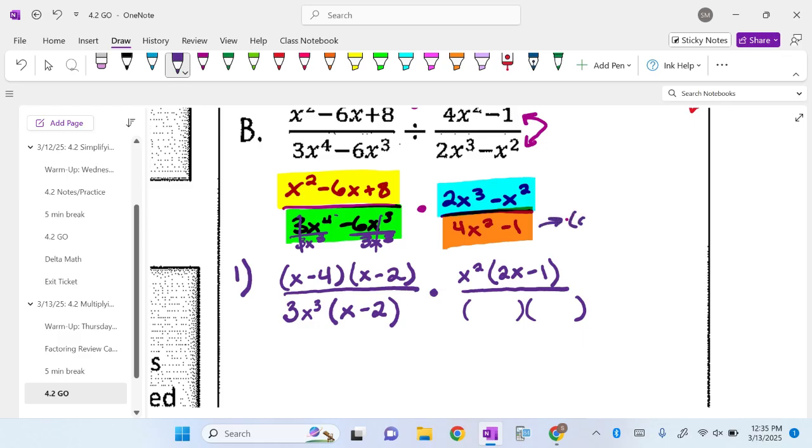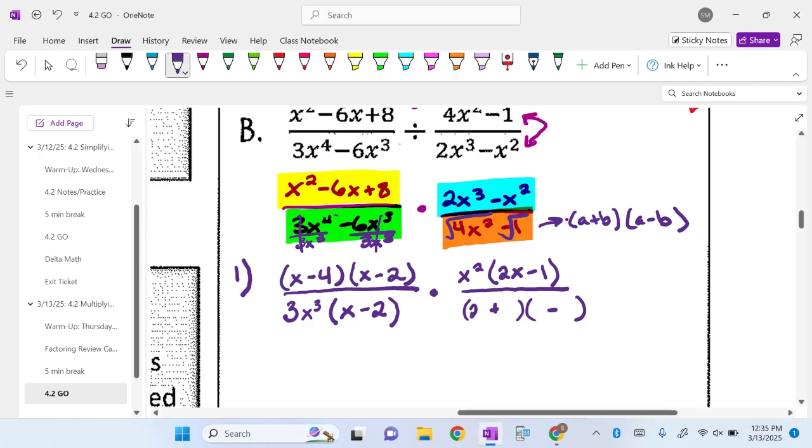So we know we're going to do something a plus b, a minus b. So we're going to take the square root of both to get our a and b. So I'm going to put a plus here and a minus here. What is the square root of 4? 2. What's the square root of x squared? X. So this would be 2x and 2x, because that's my a value. What's the square root of 1? 1. So this would be 1 and 1.